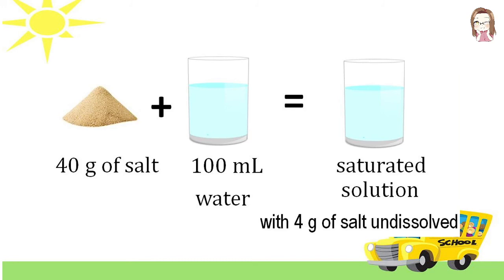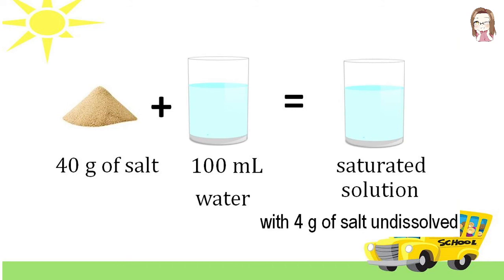Eh, dito sa example natin, 40 na eh. Ibig sabihin, sobra na yung asin na inilagay natin. Ilan ang sobra? By how much? Sobra siya by 4 grams. Kasi, di ba, 40 grams minus 36. 4 grams ang sobra natin.